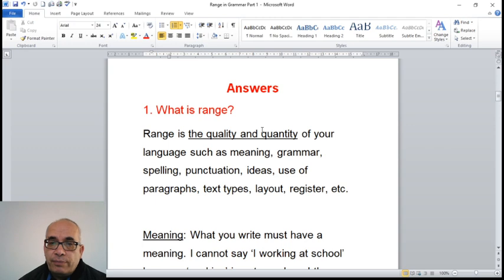What is range? Now this is my own definition of range. This is the way I think about it and the way I hope will be useful for you.